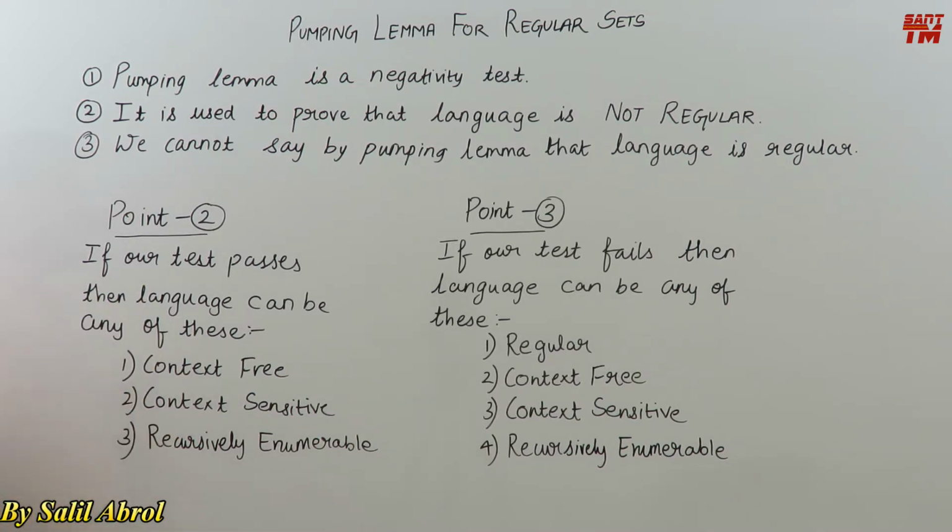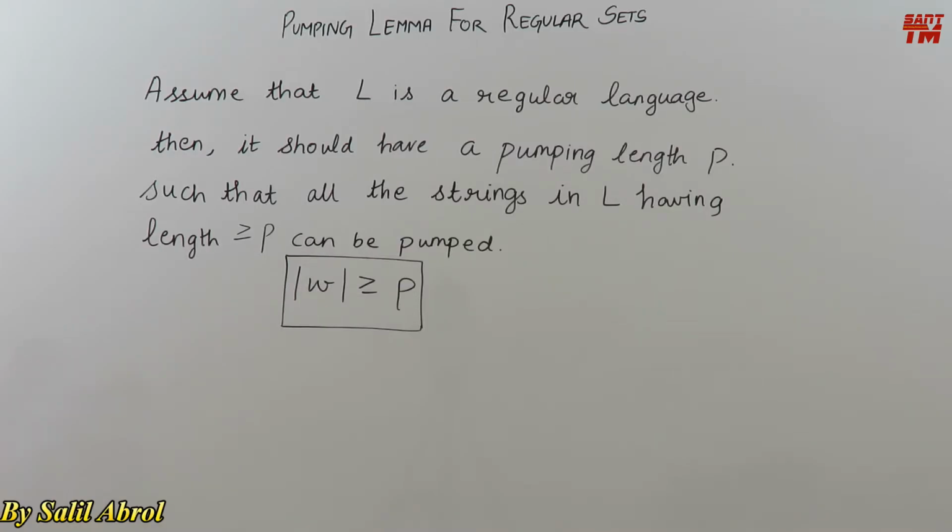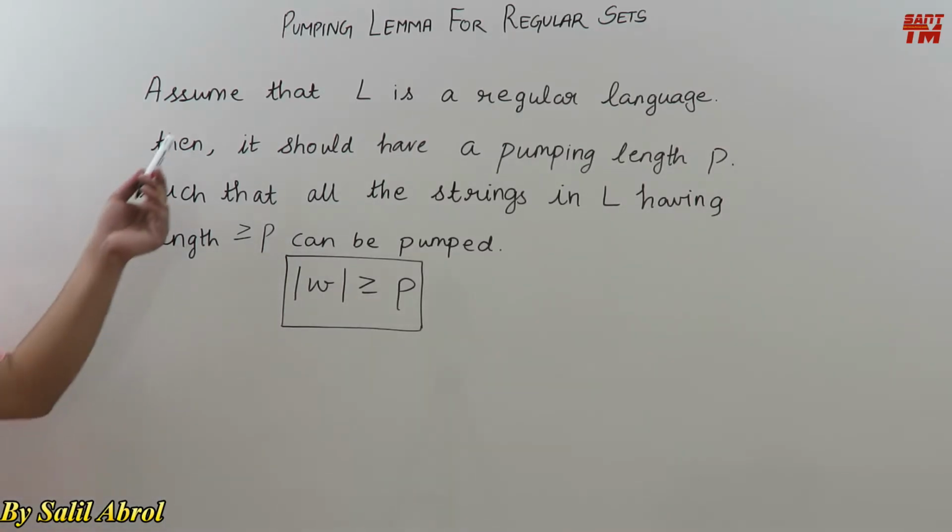So let's discuss the procedure, how to prove a language to be not regular using the pumping lemma. Before going on to the actual procedure, consider one point first. We have to assume that the language L is a regular language.